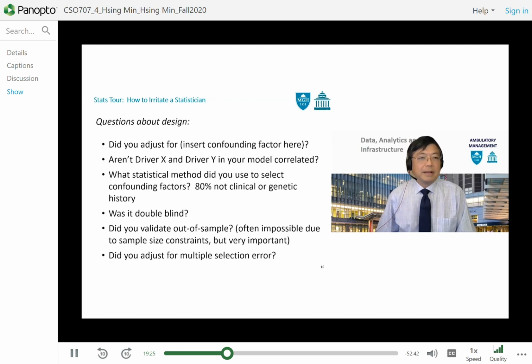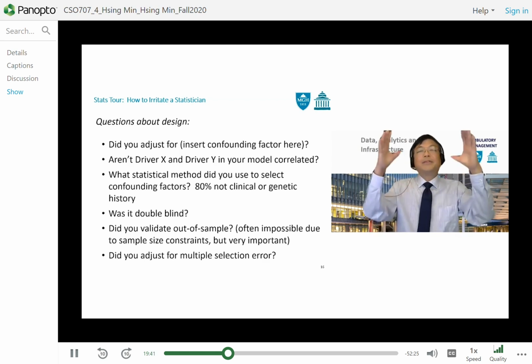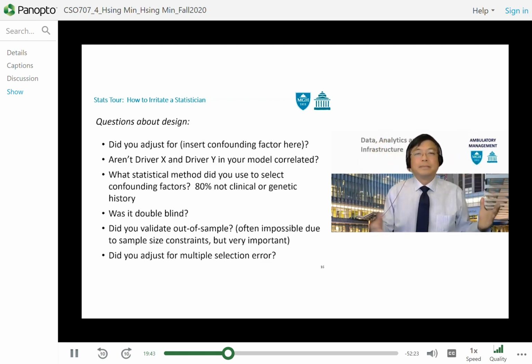Questions about design? Did you adjust for confounding factors? I'm going to short circuit that a little bit, but basically, there are a lot of confounding factors that people tend to choose from the usual suspects, like age, gender, initial clinical scores, but they seldom use statistical techniques to figure out what confounding factors are appropriate.